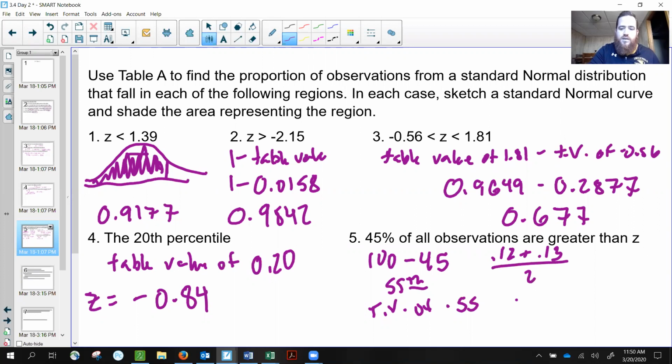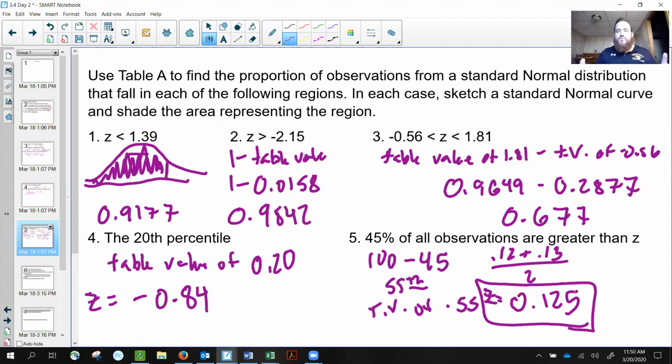And you get 0.125 as the z-score. Okay. So that's in general what you can do with that.